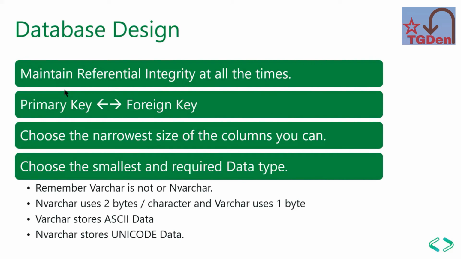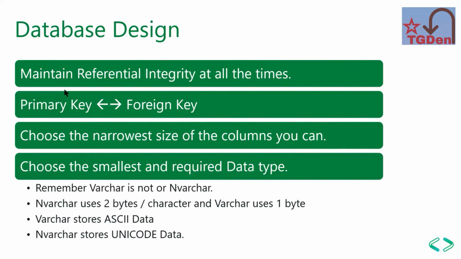Next point is to choose the smallest required data type, which I mentioned. So a quick example is, let's say you want to create a varchar column, right? And then you suddenly decide to create an nvarchar, which actually is not needed because nvarchar uses 2 bytes per character, but varchar uses 1 byte. So that means you can save your space in memory, right? It doesn't occupy more, obviously.